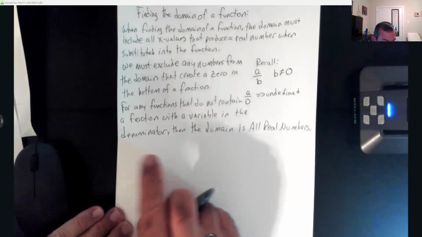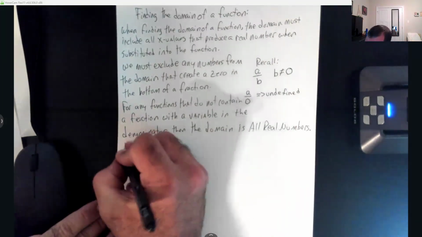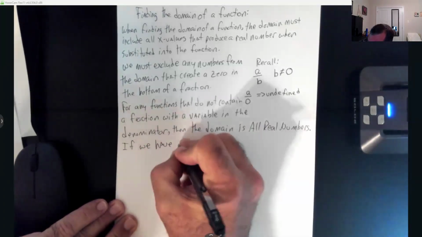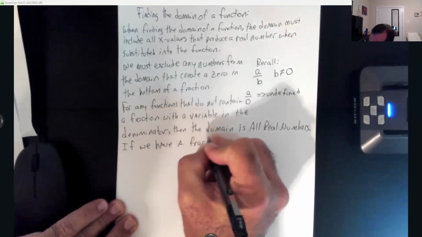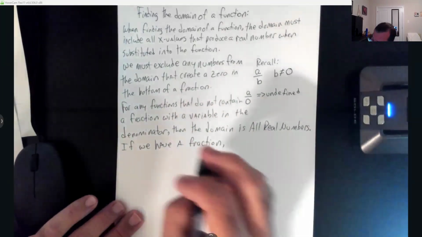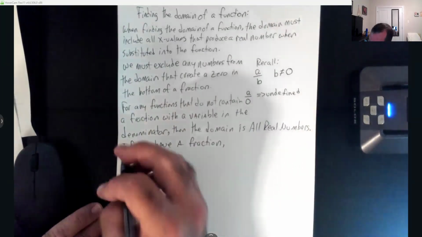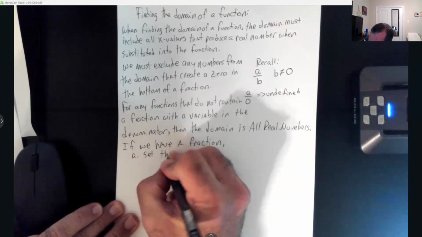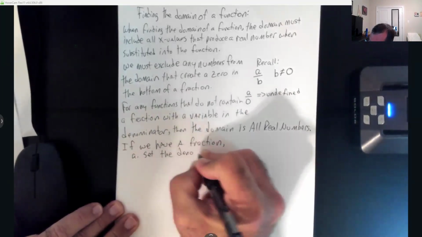Now, here's the thing. If you do have a fraction, you got to do a few steps. You're going to set the denominator equal to 0.